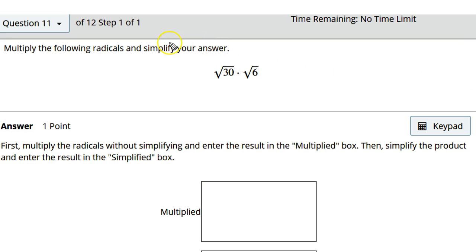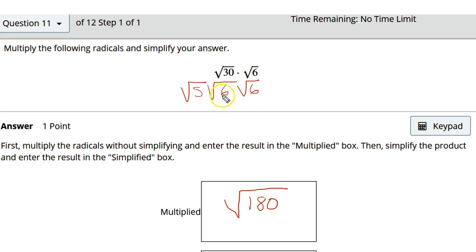All right, this one's sort of in two parts. If we multiply the 6 by 30, they want us to get the square root of 180. But they want you really to simplify this. So notice what we could do here. We could simplify this by saying the square root of 5 times the square root of 6 times the square root of 6.